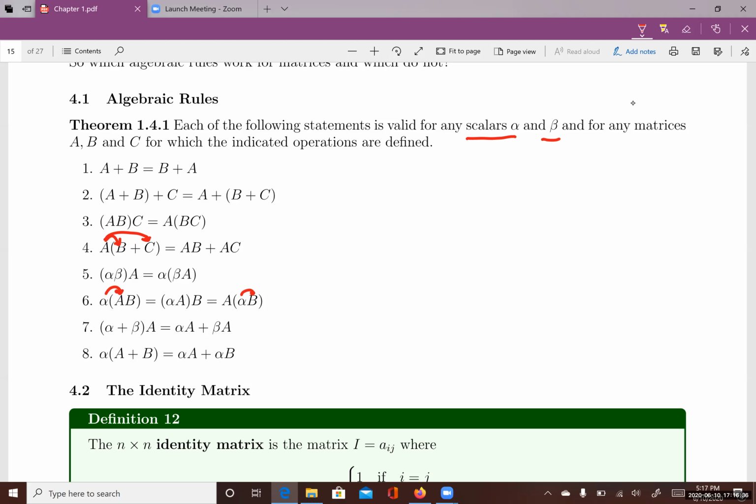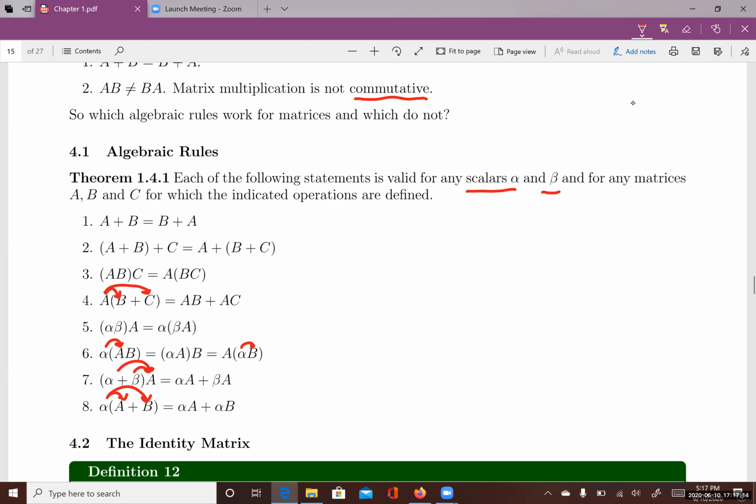And if you have two scalars, the sum of alpha and beta, multiplied by A, again, you can distribute alpha and beta into A. If you take a constant alpha multiplied by a sum of the two matrices A and B, you can again distribute alpha to A and alpha to B. Again, alpha and beta here are constants. That means you can move the constant around without changing the result.